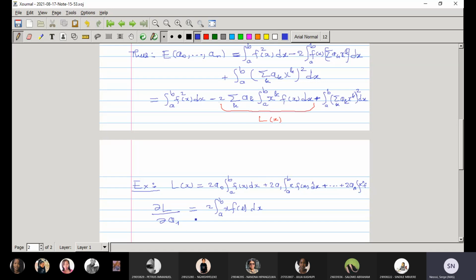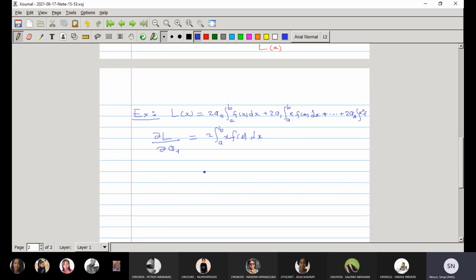If I differentiate with respect to an, where in this case j is equal to n, here j is equal to 1. Now this will be equal to what? It will be 2 integral from a to b x to the n f of x dx.